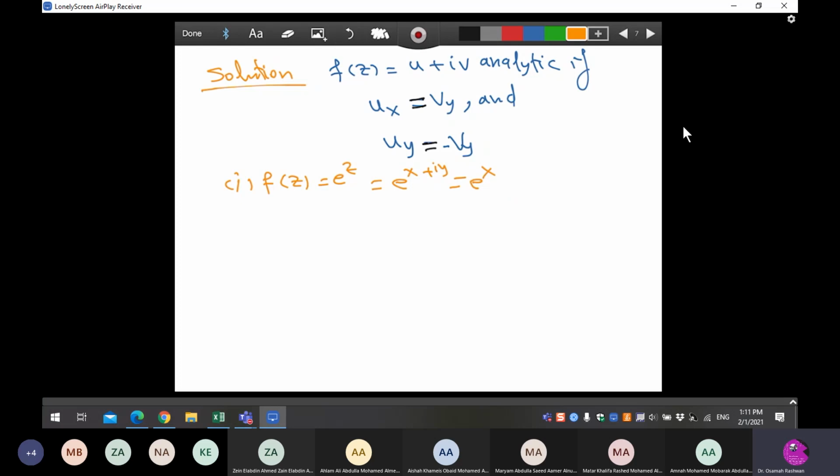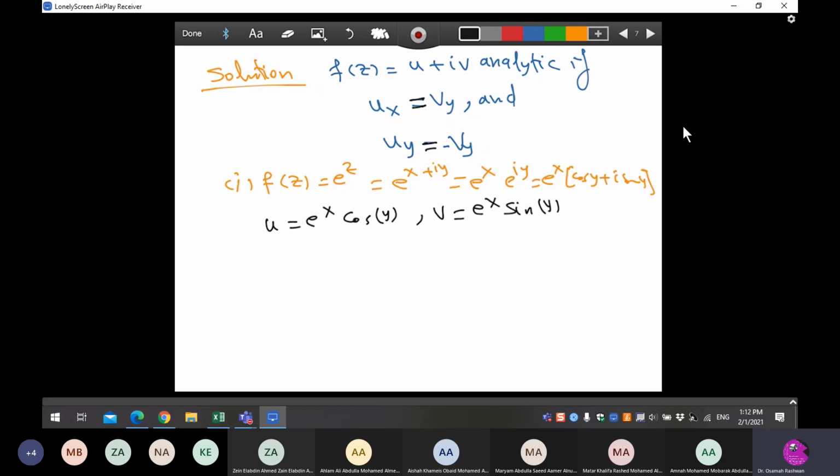And e to the iy, which is e to the x cosine y plus i sine y. So what's u and v? Yes, my u is e to the x cosine y, and v is e to the x sine y.